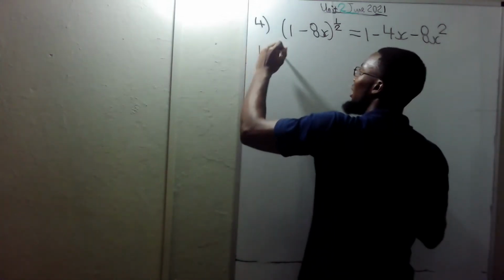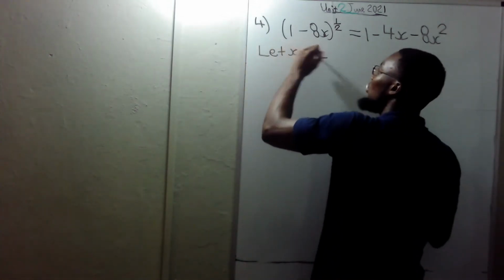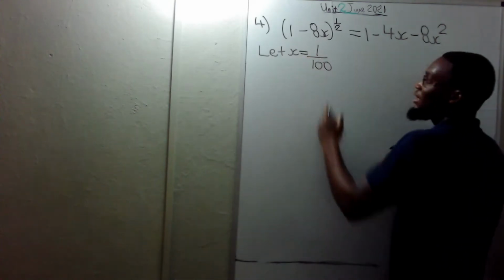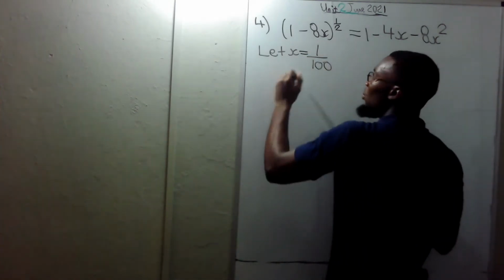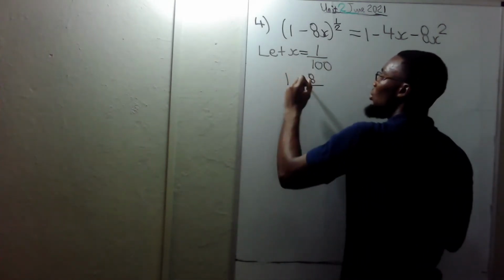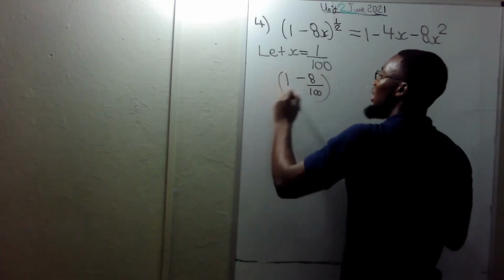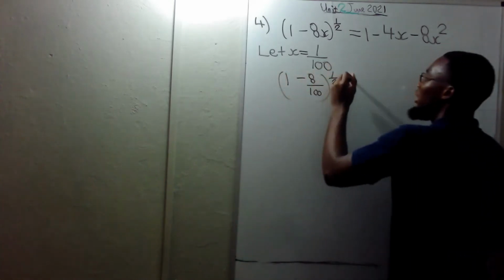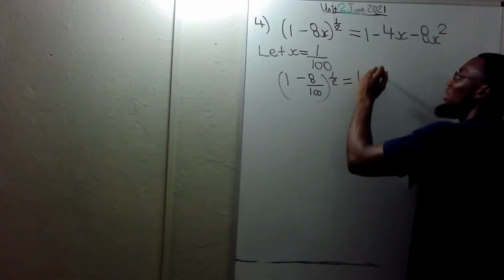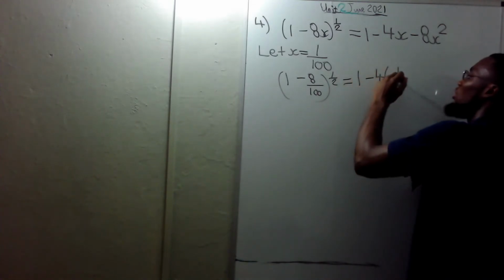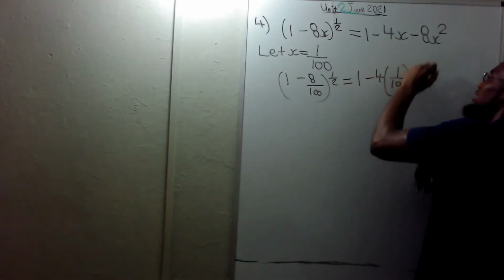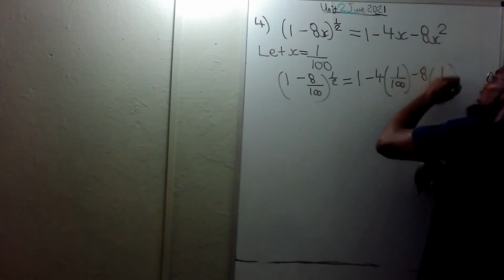So now let x be equal to 1 over 100. This becomes (1 minus 8 over 100) to the half power, equal to 1 minus 4 times 1 over 100 minus 8 times (1 over 100) squared.